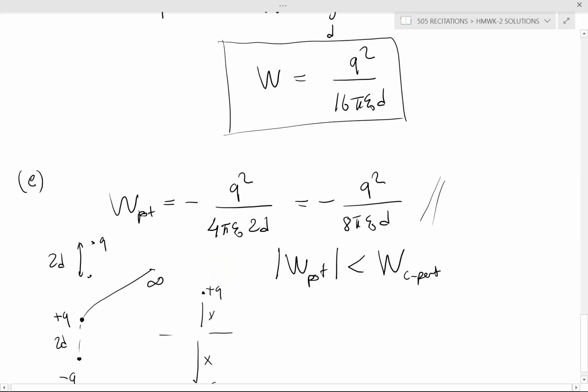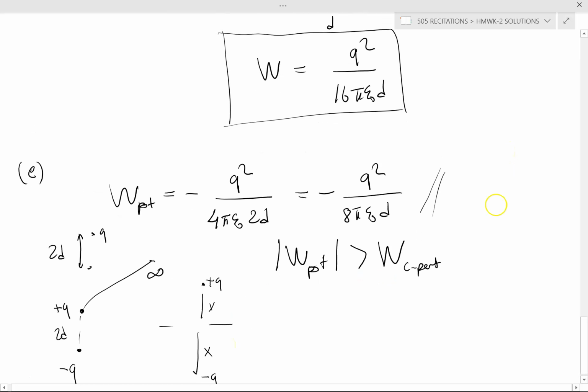So expectedly, I'm sorry, this is greater than. Expectedly, the work we need to do is greater for the constant minus Q with respect to the one where I place an infinite plane. Okay.